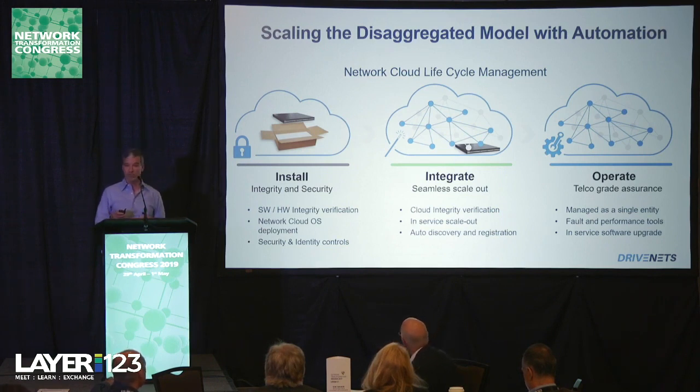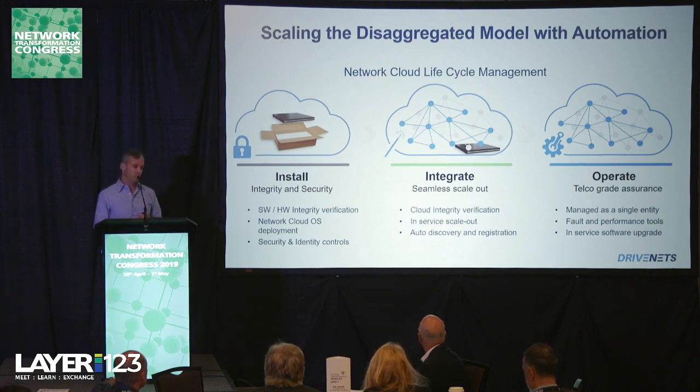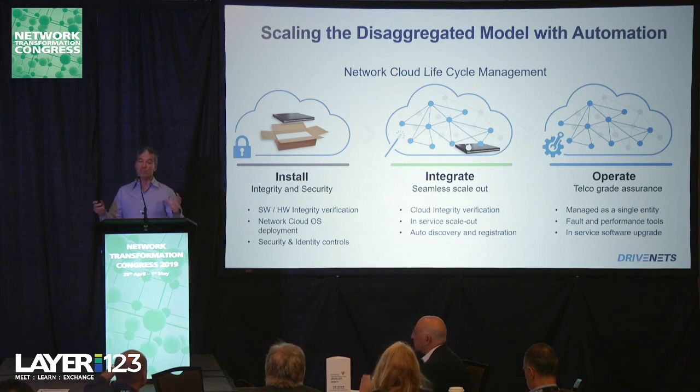The orchestrator automatically installs all the software, all the operating systems that are required for the network cloud. But not just that. It also sets all the security policies that are mandatory before you can connect any box to the network. You must set the security policies. Only then is the box ready for connecting to the network, and everything is done automatically.